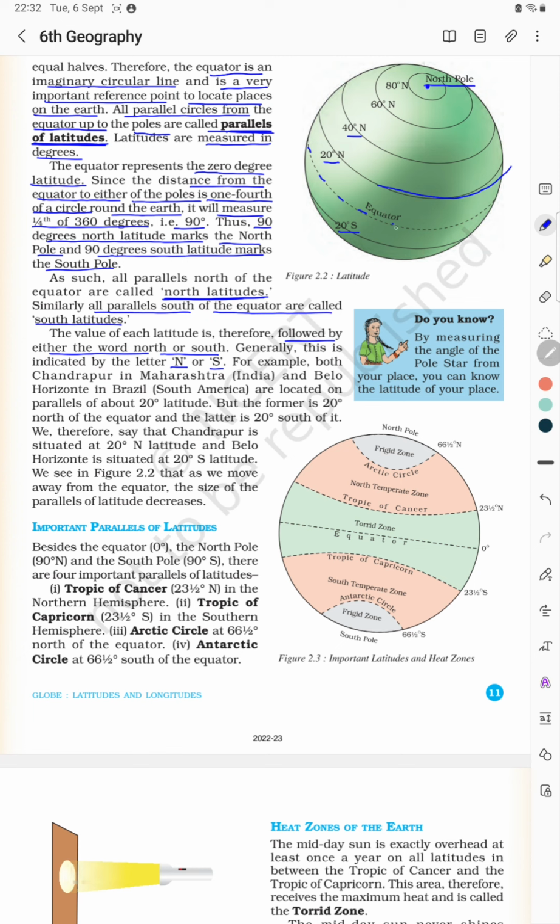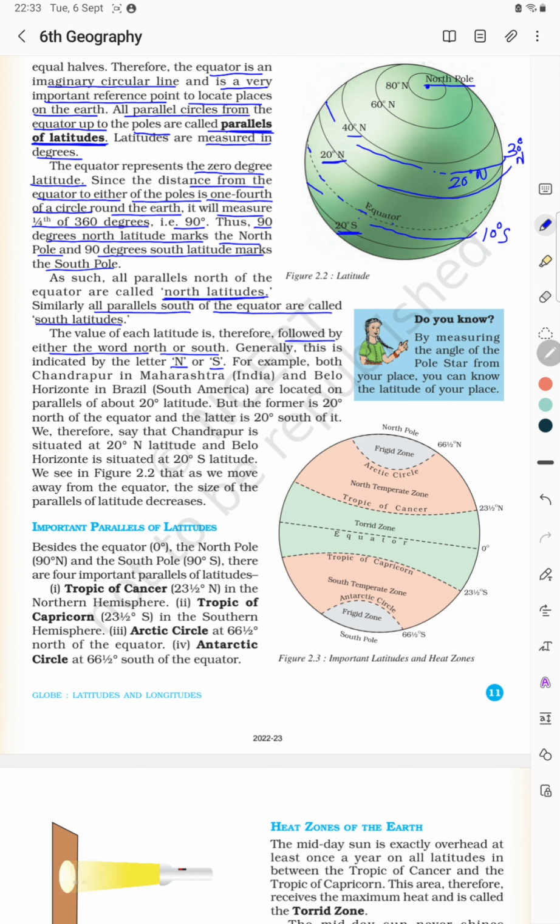Since this line is north of the equator, we can define it as 20 degrees north. Suppose there is one more line, this is 30 degrees, and we know it is in the north, so we denote it as 30 degrees north. Similarly, if in the south this line is 10 degrees, we define it as 10 degrees south.